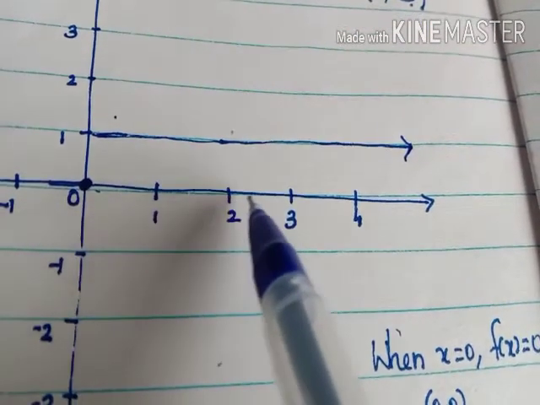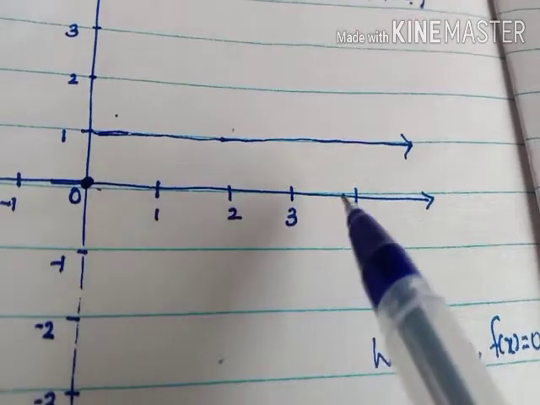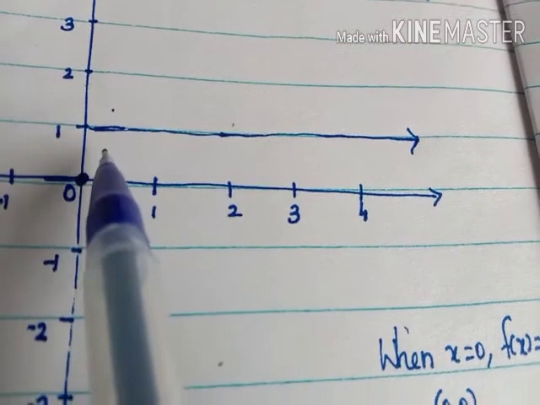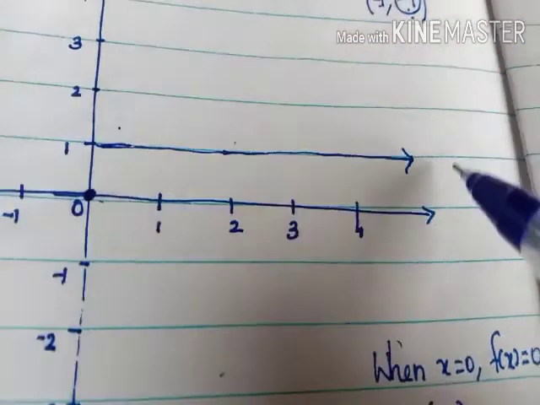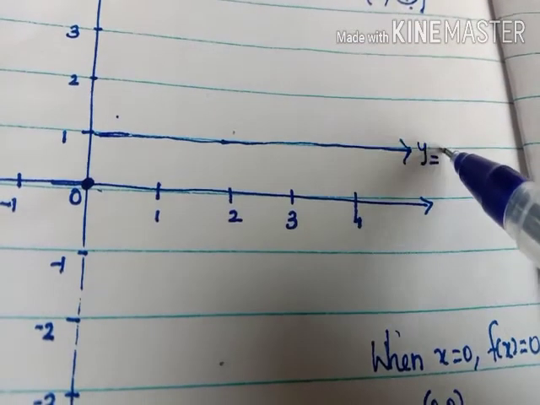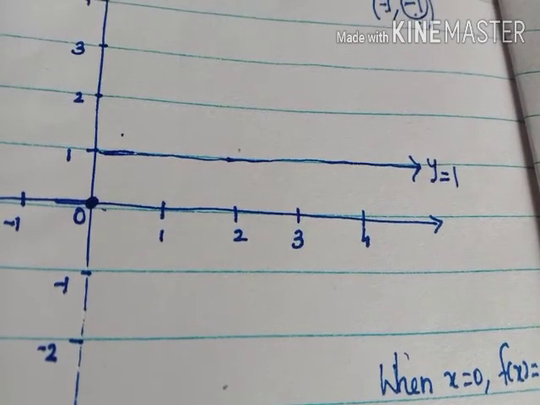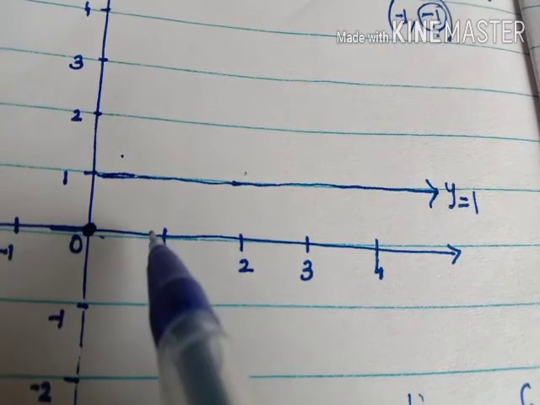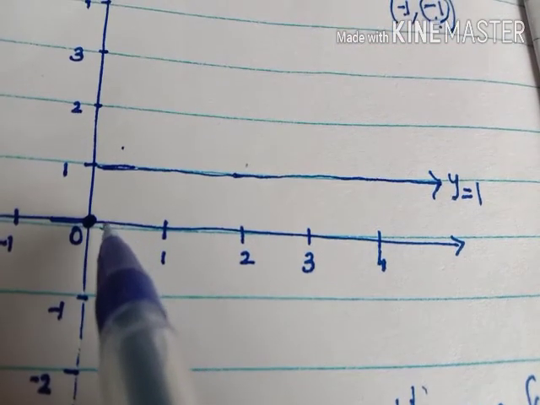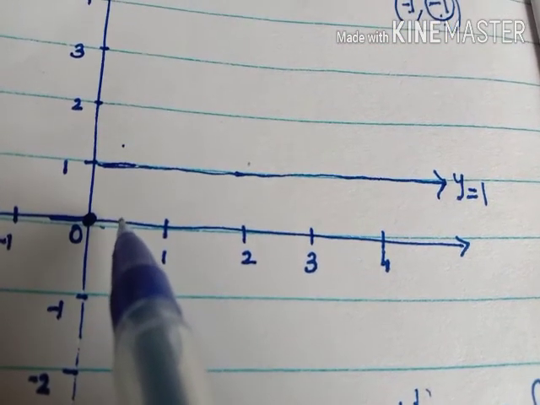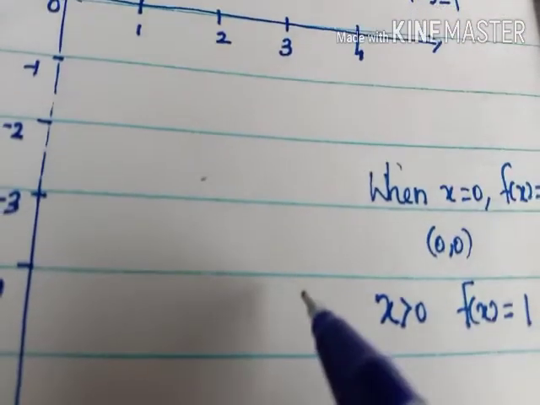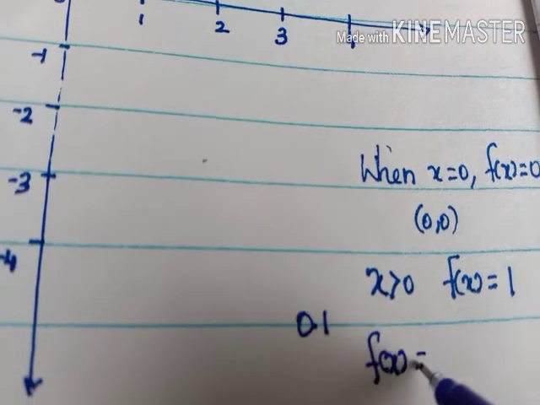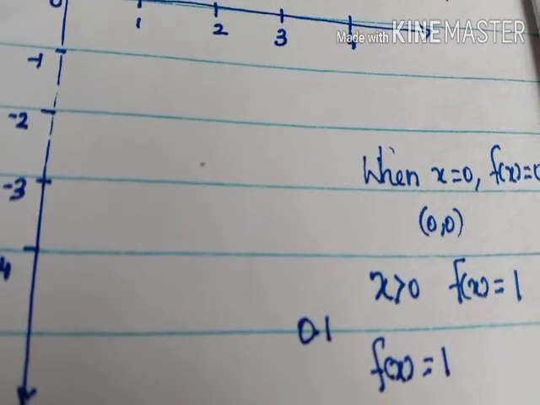For all positive x values, the value of y equals 1. Now, what about 0.1? What is f of x? F of x equals 1.